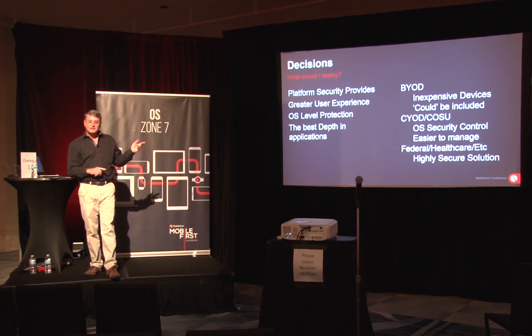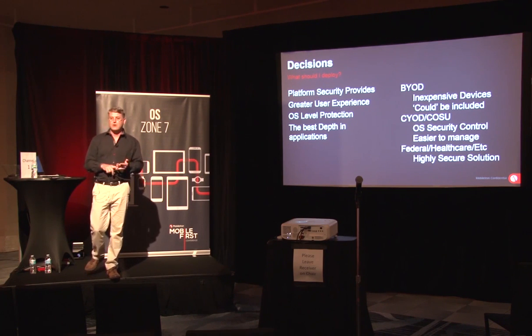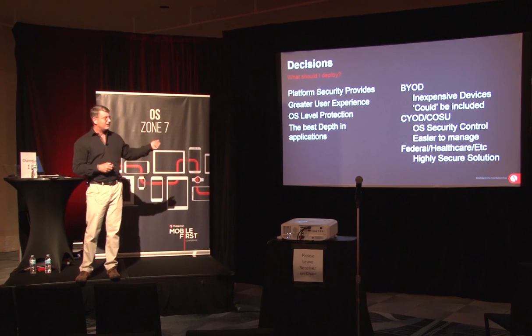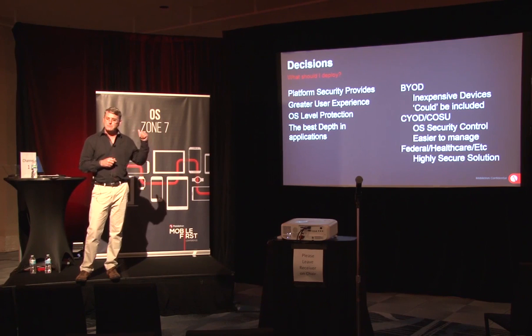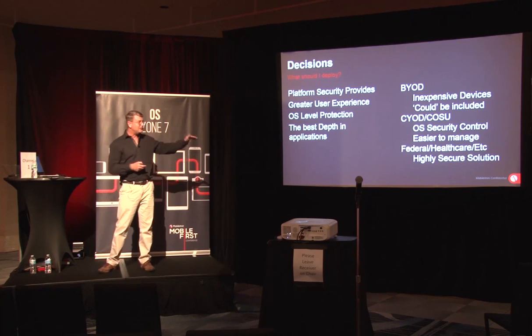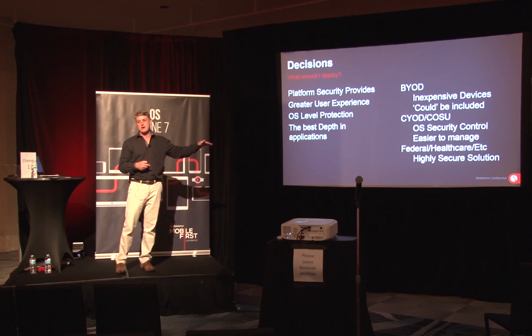But maybe I want more OS level. Maybe I'm okay with the fact that there's not a passcode on there, and there is a bigger depth of app selections when you look at something like a profile that's enabled, such as Knox, such as Android for Work, right? And then, if you're highly regulated, you're kind of forced into a box.